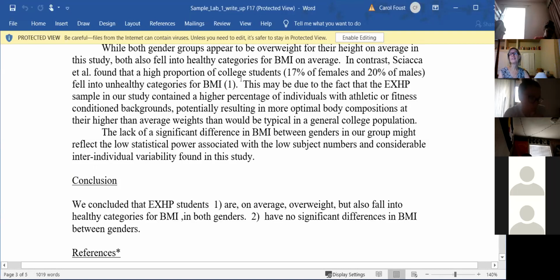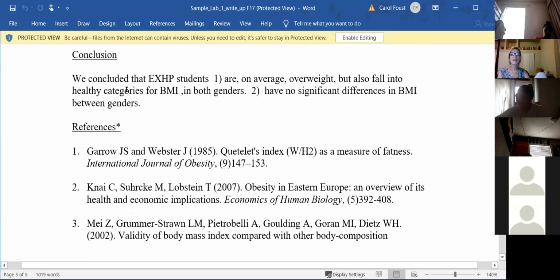It's important to just state where your limitations are, and what confounding variables might be in place. So we conclude that EXHP students are on average overweight, but they fell into healthy categories for BMI in both genders, and that there is no significant difference in BMI between the genders.